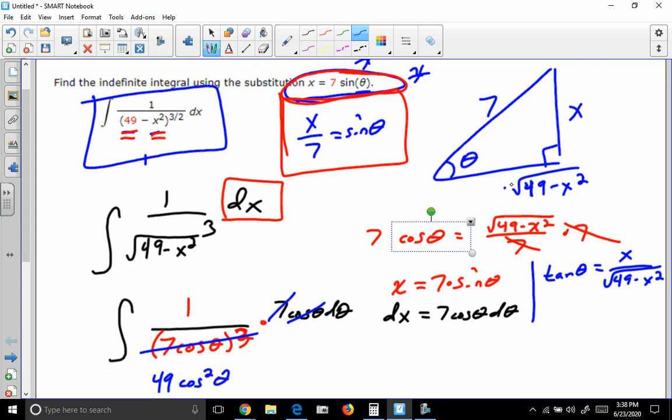Think about if we square this, we get 49 minus x squared. If we square this, we get x squared, so 49 minus x squared plus this side squared equals the hypotenuse squared. And that's true. Those cancel, so yes. If I square this plus square that, it equals the hypotenuse squared. So we just deal with that little triangle.